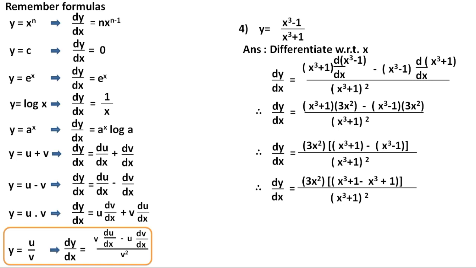Now see, x raised to 3 and minus x raised to 3, they are gone. Okay, they are gone, right? Left is 1 plus 1, 1 plus 1 is 2. Therefore, next step, dy upon dx is equal to 3x square into 2 divided by x raised to 3 plus 1 whole square.